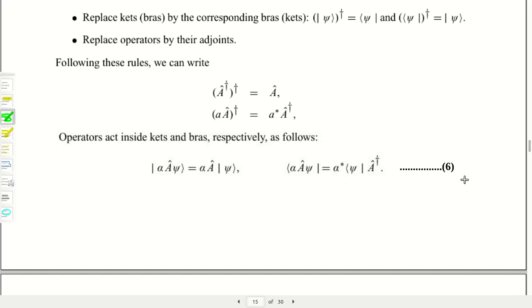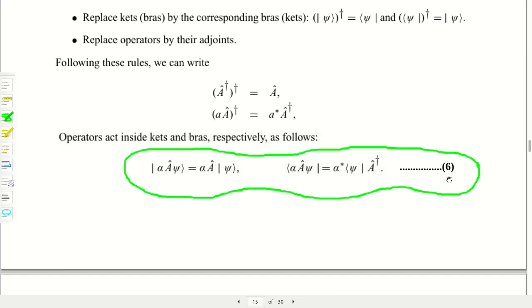So these are two very important relations you should keep in mind, and they can be understood using the previous formula which I have already talked about.